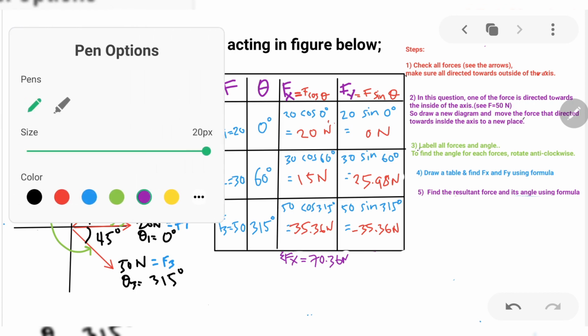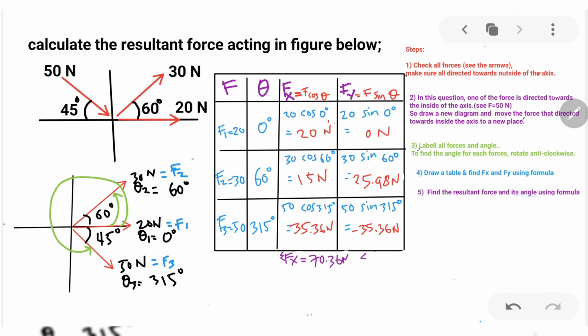So you will get the sum of Fy, which is equal to negative 9.38 Newton. Alright? Now, after you're done finding the sum of Fx and Fy, find the resultant force and its angle using the formula. This is the final step.